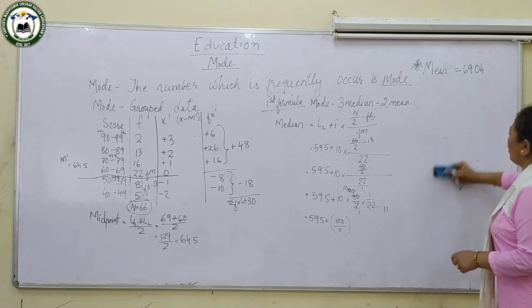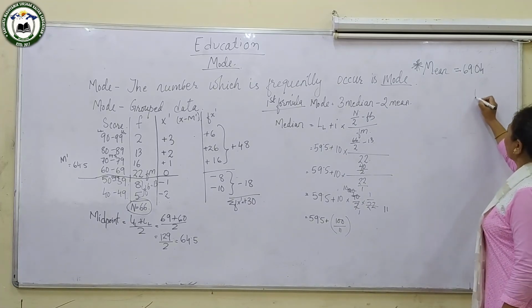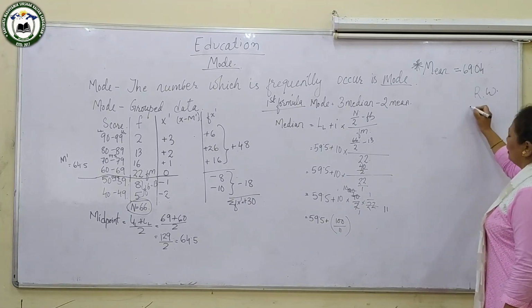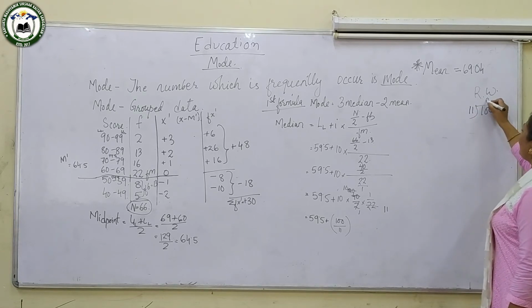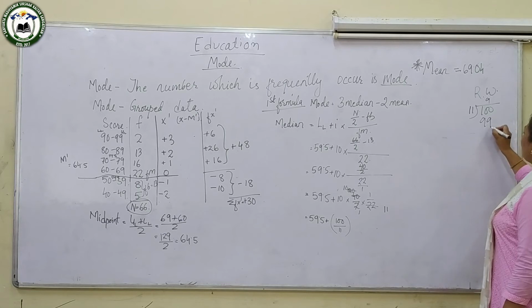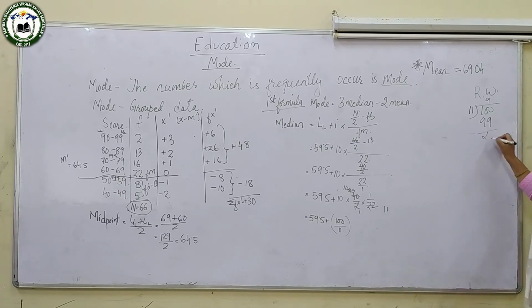So I'll do a rough work over here. 11 divide 100. So 11 nines are 99. So how much will you get? 1. So you add a decimal point, and it will become 0. So 11 zeros are 0.